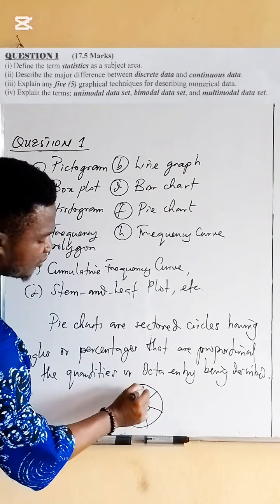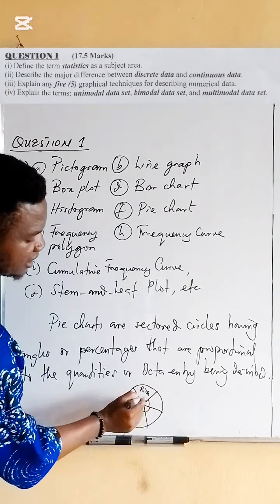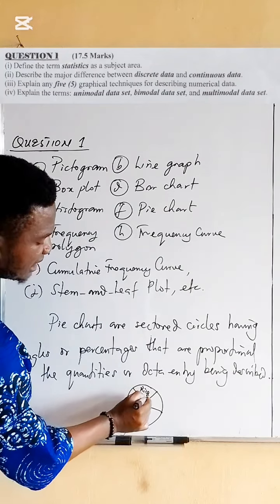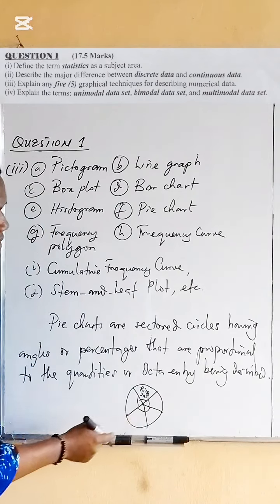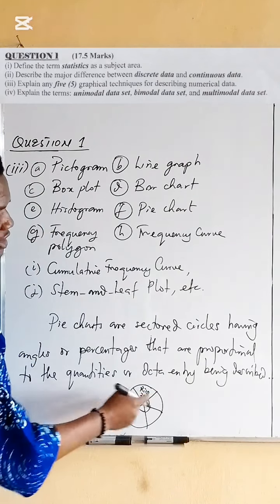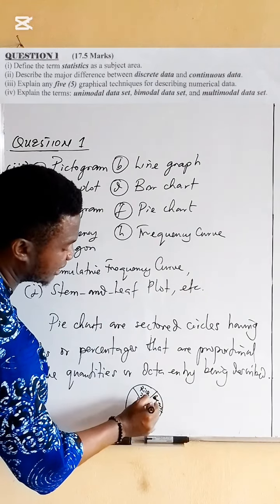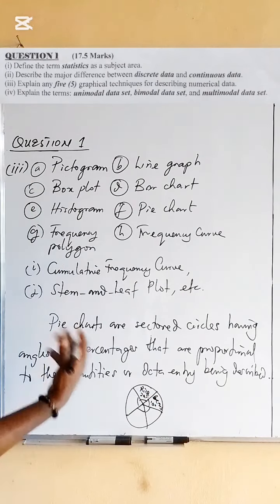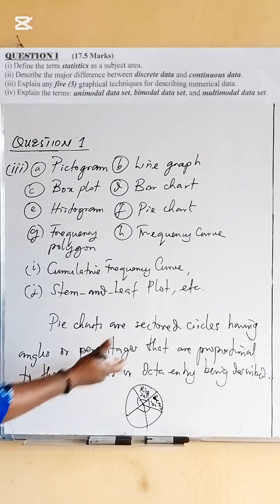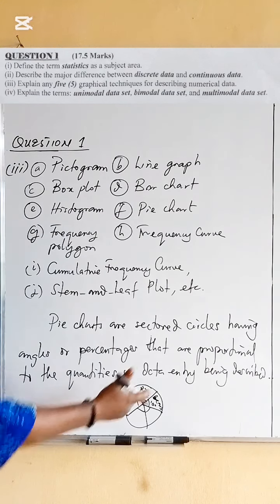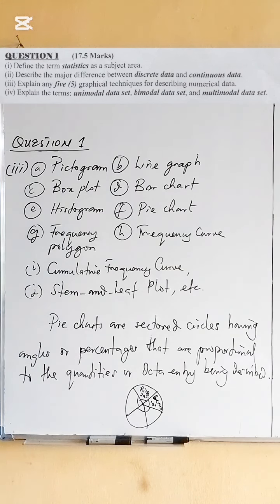So if this is rice, and this is 20 degrees, for instance, then 20 degrees is a description of the quantity of rice. If this is beans and this is 10 degrees, it tells you the quantity of beans. So we use angles or percentages proportional to the quantities being represented. Let's move over to the next one.